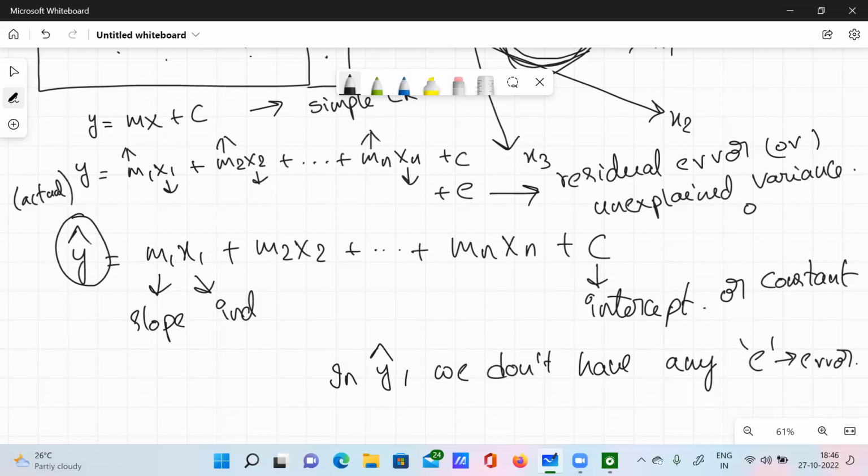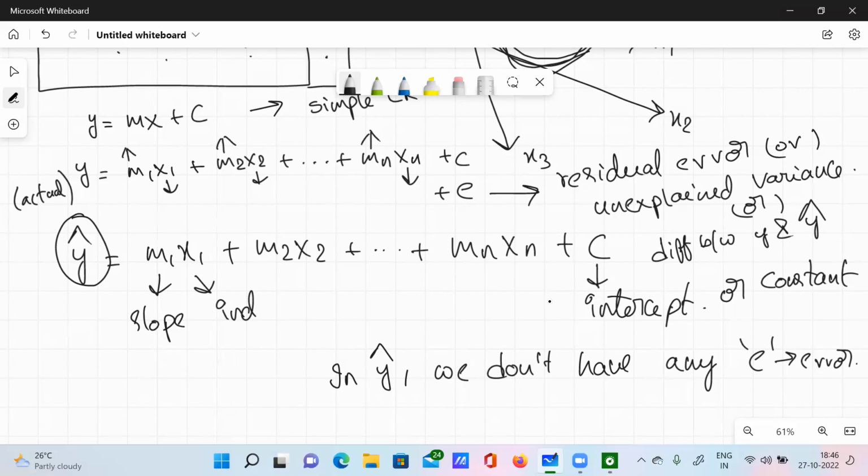You can call it residual error, unexplained variance, or you may also call it the difference between y and y hat. So this is the thing here.